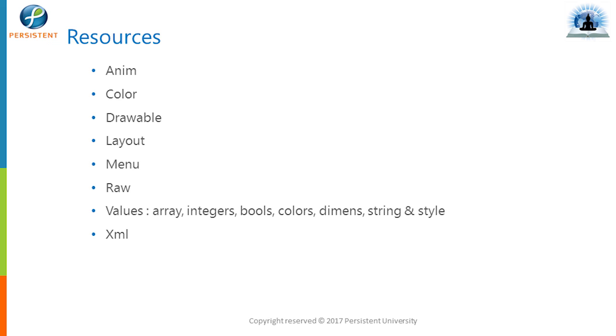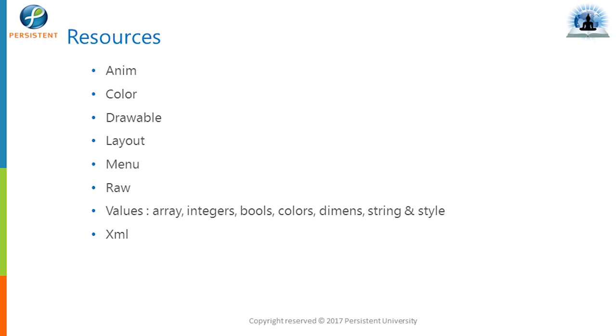Drawable folder contains image files like PNG, JPG, GIF or XML files that are compiled into bitmaps, state lists, shapes, animation drawables. Layout folder contains XML files that define user interface layout. Menu folders contain XML files that define application menus such as options menu, context menu or submenu.